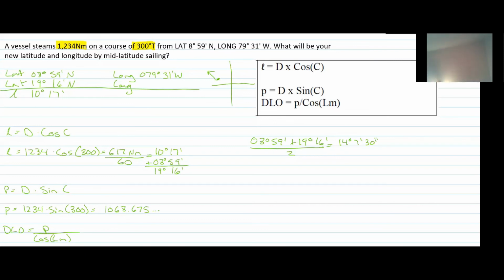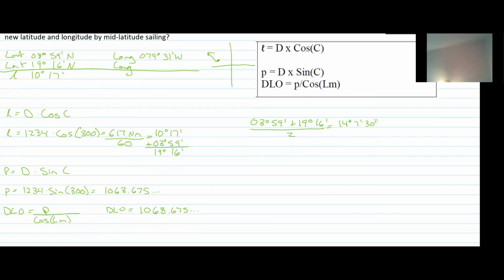So you can plug that in for LM. So D lo equals P, which is 1068.67 and change. And you need to have that full number left in your calculator from when you did the last problem. So you may have to retype P equals 1234 times sine of 300 in order to get that into your calculator.